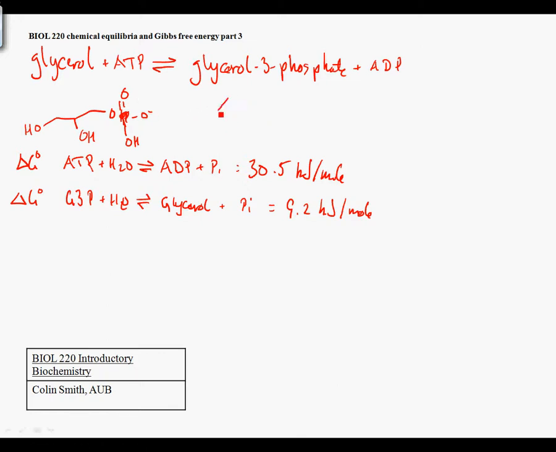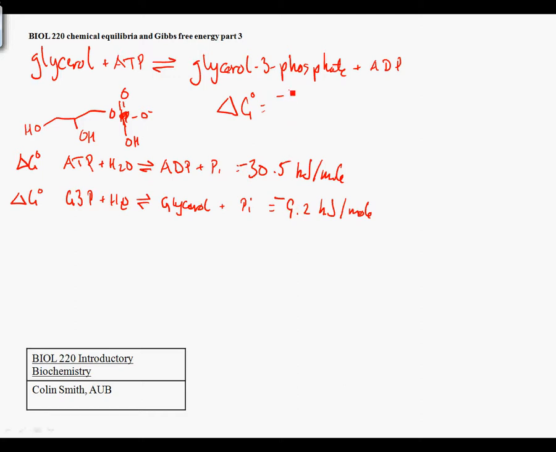So the delta G of this reaction, that's standard delta G, at standard conditions, will be equal to, I forgot the negative signs here. So that's a favorable downhill, negative 30.5 subtract negative 9.2.